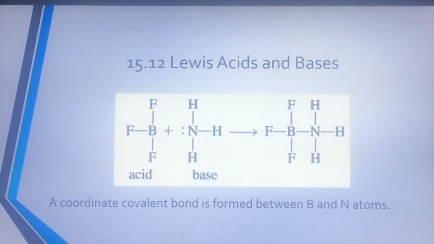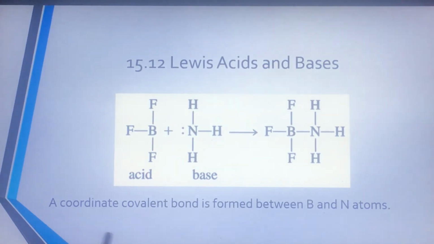If we combine a Lewis acid and a Lewis base, for example the previous example, the Lewis acid boron trifluoride with a Lewis base, ammonia, the lone pair of ammonia will be shared to boron trifluoride to form a bond. This bond is called the coordinate covalent bond. We all know that covalent bonds are sharing of electrons, but this time we have this word coordinate.